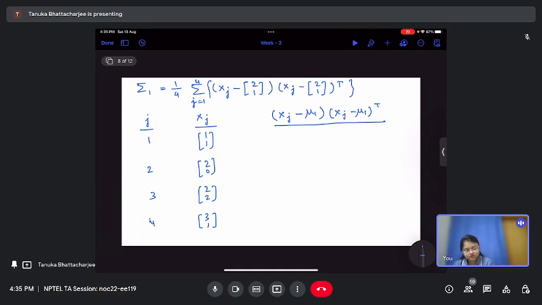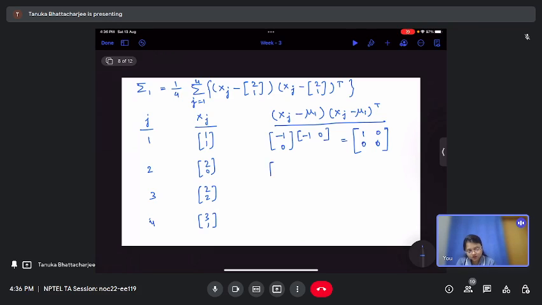So what will be this expression? For the first one, this will be (-1, 0) times (-1, 0) transpose. If we do the product, we get a 2 cross 2 matrix: [1 0; 0 0].